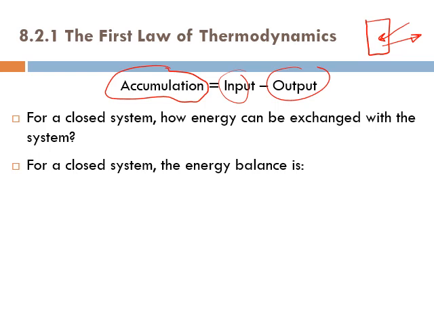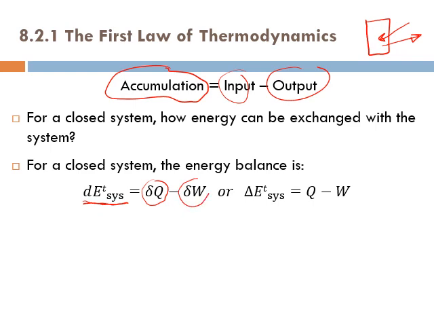So for a closed system, the energy balance is written this way. dE total for a system, the accumulation of the energy within the system, is related to input and output through heat. So here this is input minus output, and also through the exchange through work.